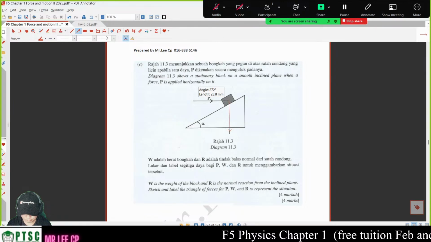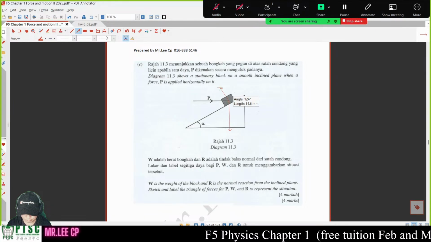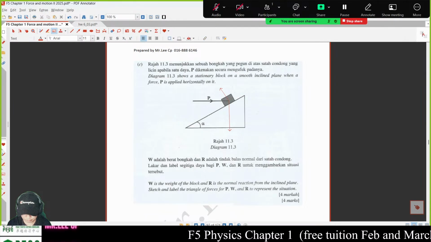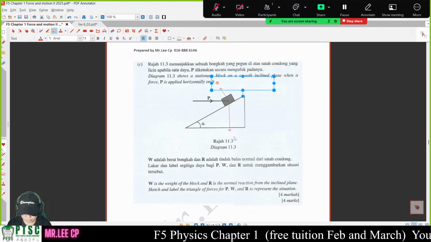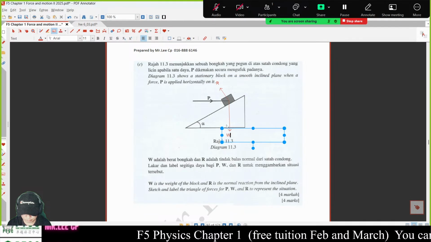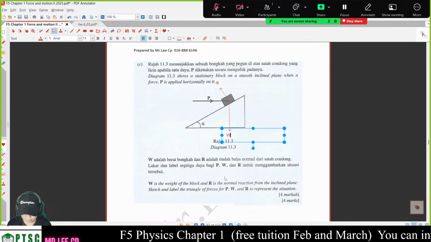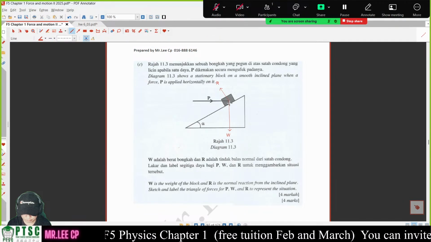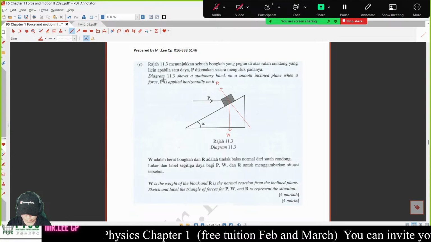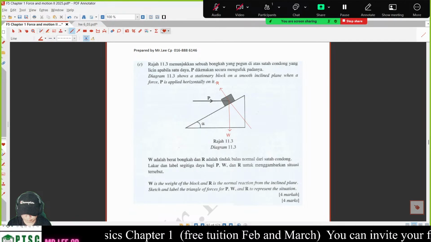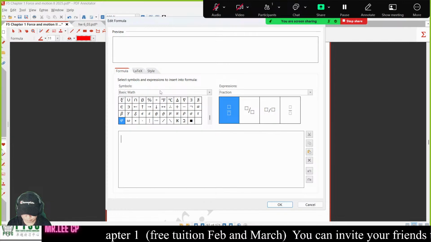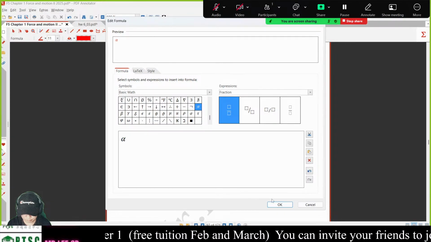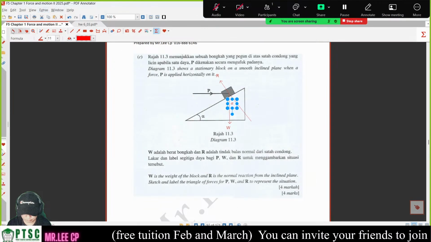This is W. This is R. Do they say how much? No. And then the angle here, this is alpha, right? So this is alpha.